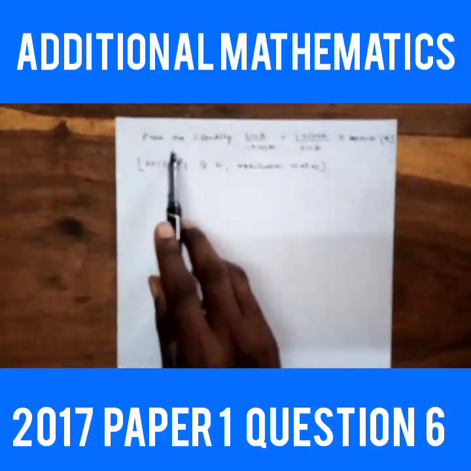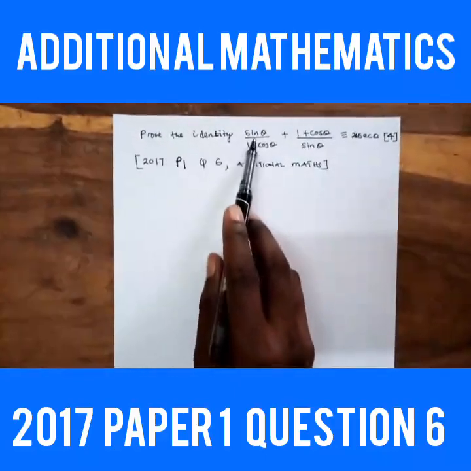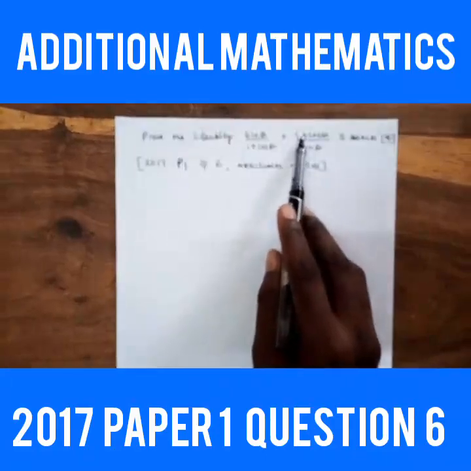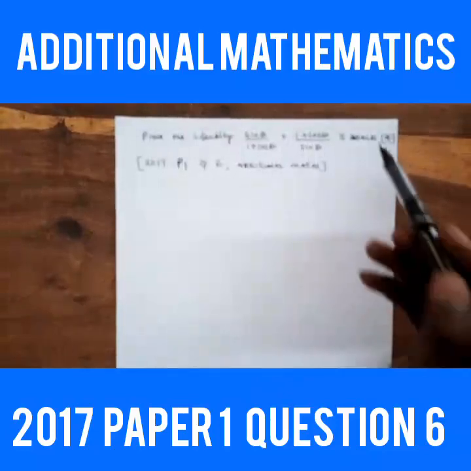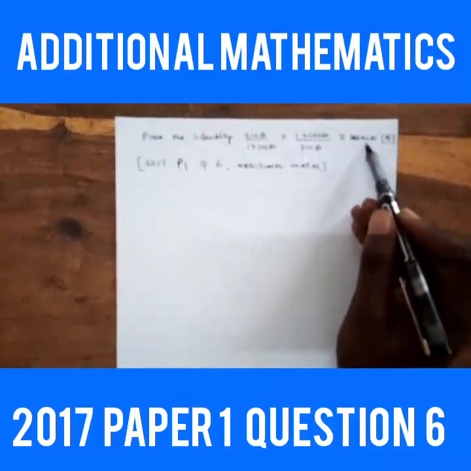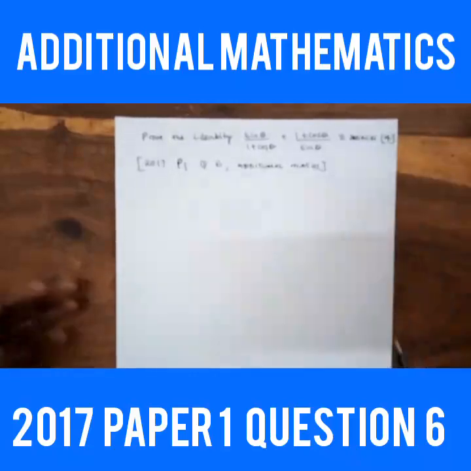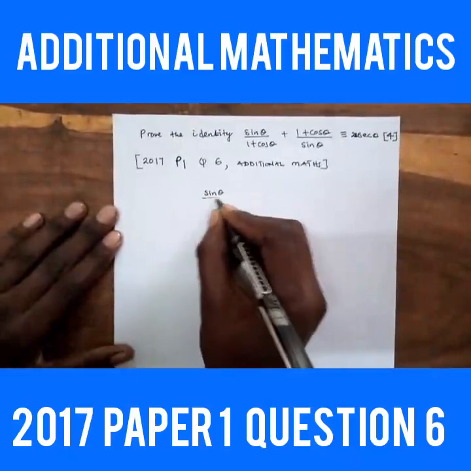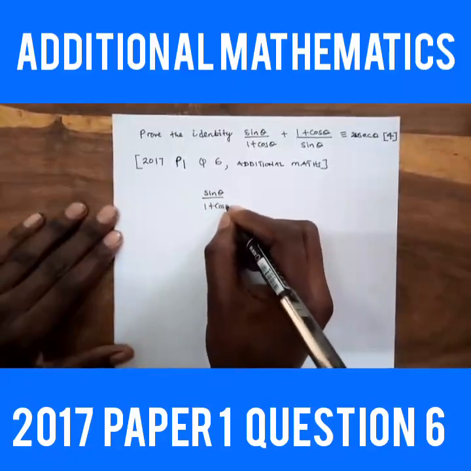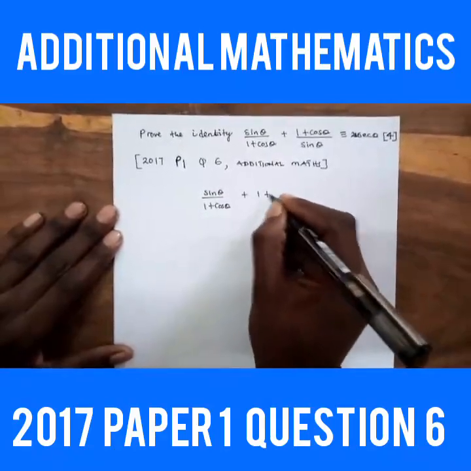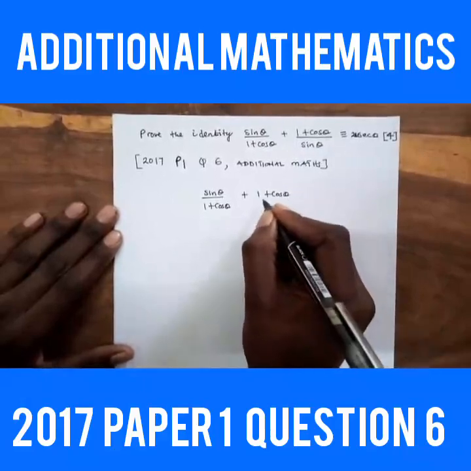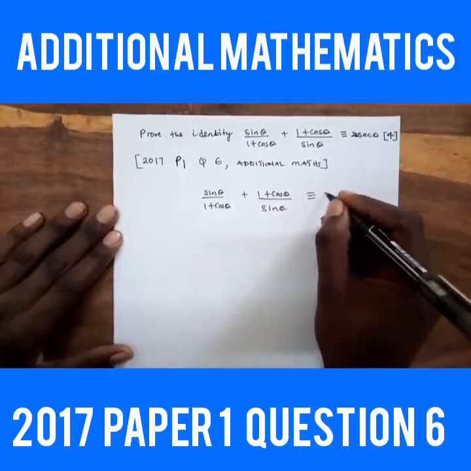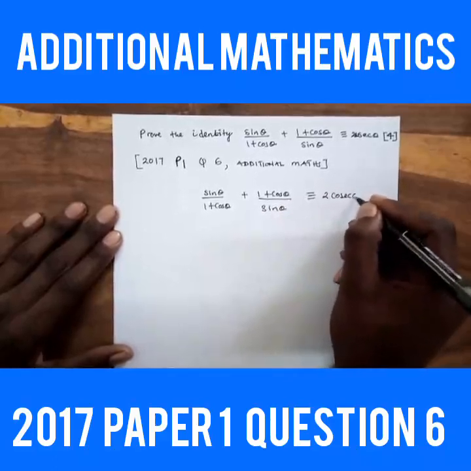The question reads, prove the identity: sine theta over 1 plus cosine theta plus 1 plus cosine theta divided by sine theta is identical to 2 cosec theta.